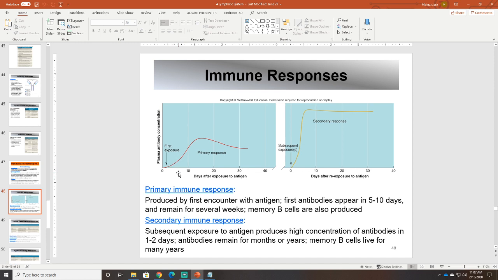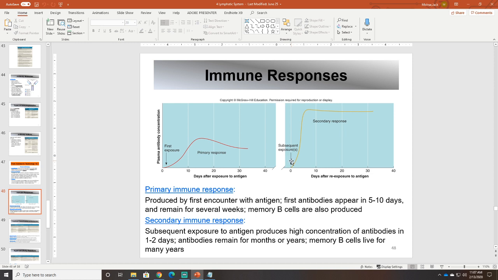Anyway, but later, let's say in the real world, let's say I get an injection against tetanus. Later in the real world, I step on a nail and tetanus gets introduced into my foot, passes right through the skin, gets introduced into the blood.